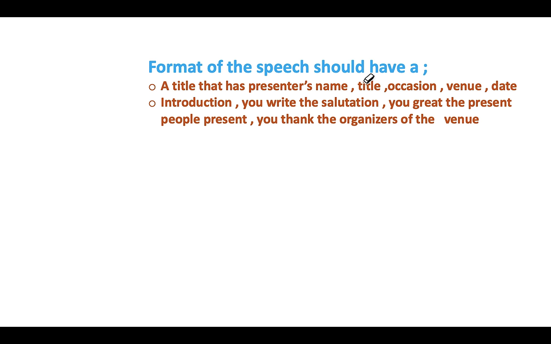So the format of the speech should have the title, the presenter's name, and then also the occasion, the venue, and the date should also be present, and also many other things like time. You can include time as well if appropriate.